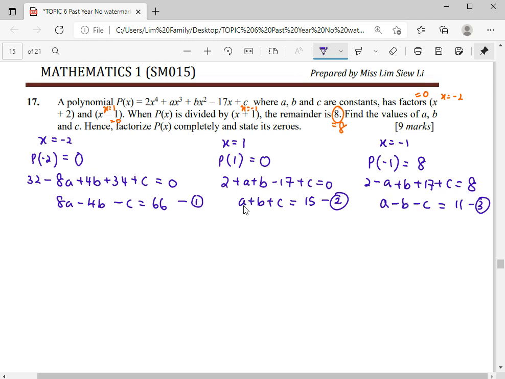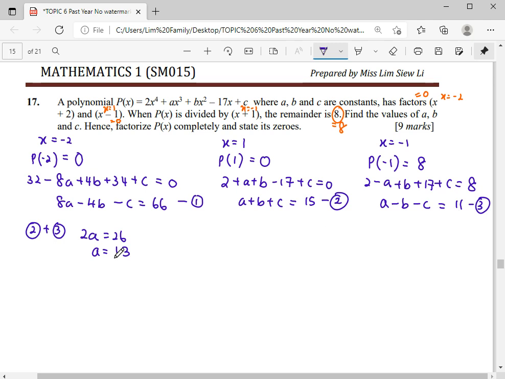So from equations 2 and 3, I will take equation 2 plus 3, then I will get 2a. Then b minus b finish, eliminate. Then c minus c also cancels, eliminate. So I get the unknown a. So 15 plus 11, we get 26. So we get the first constant a here is 13.